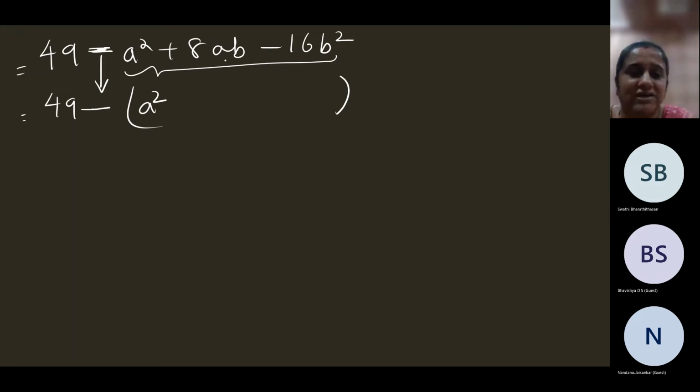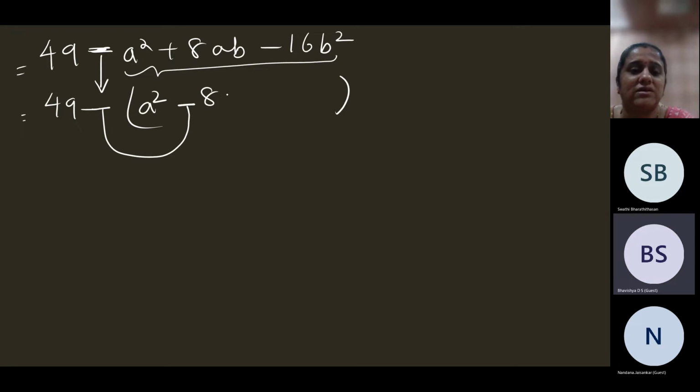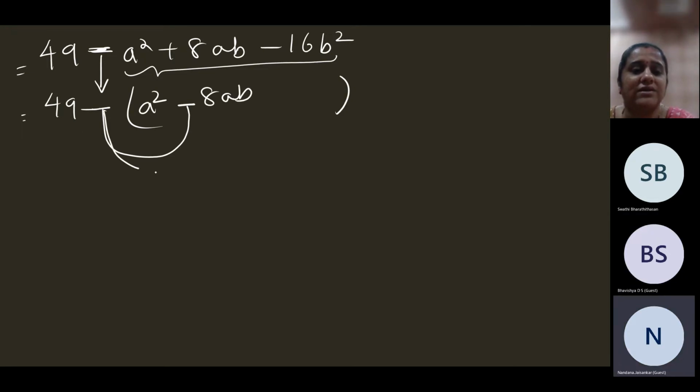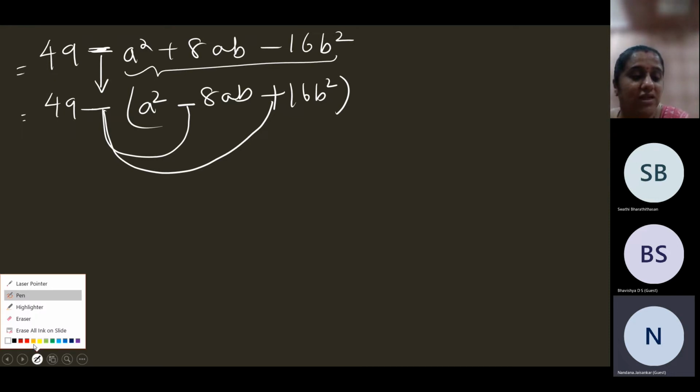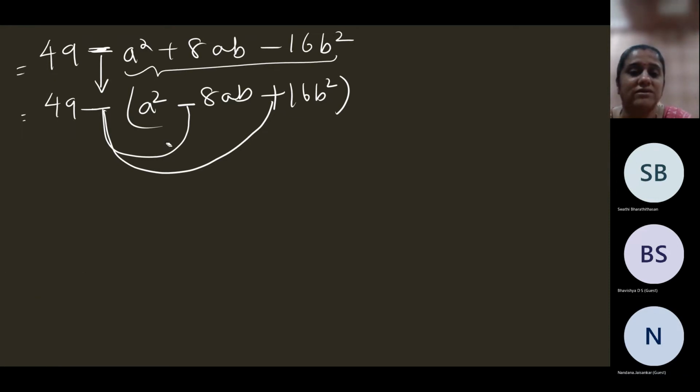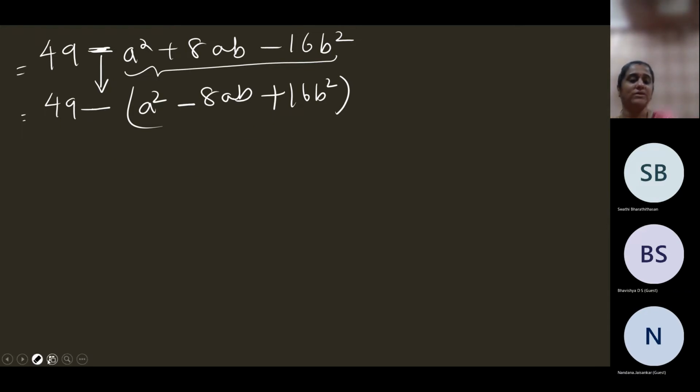Then you need to get plus 8ab. Minus into minus is plus 8ab. Then minus into plus is minus 16b square. Nobody told me about the minus signs. Nobody said that you should use a bracket.